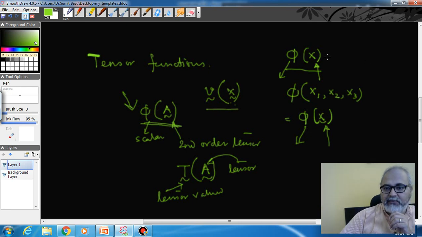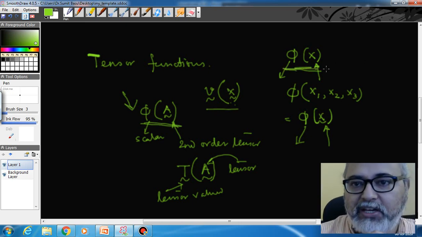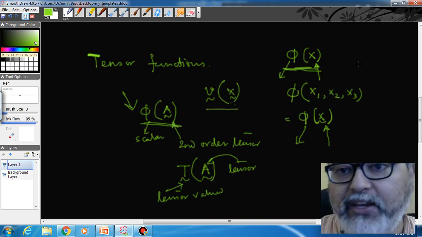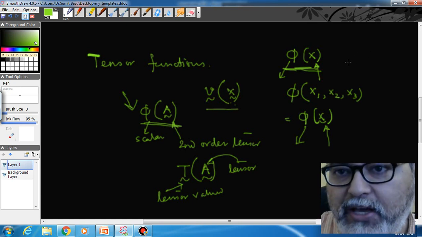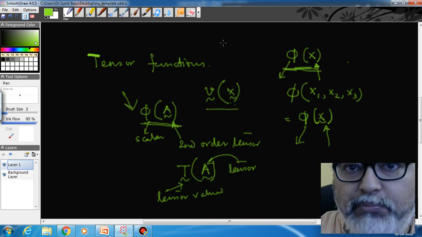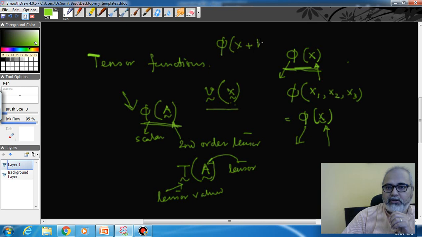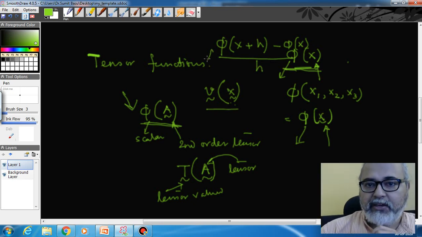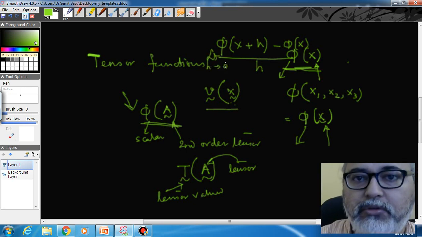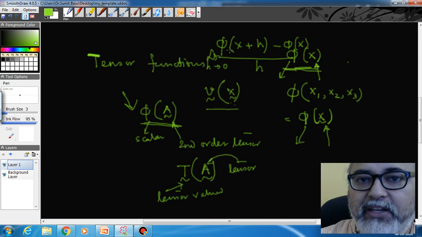If you ask me the derivative of phi with respect to x, I know how to do it. I will take phi and change the x by a small amount, h. Then I take the difference from the value at the old position x, divide by h, and make h tend to 0, and that would give me the variation of phi with respect to x.